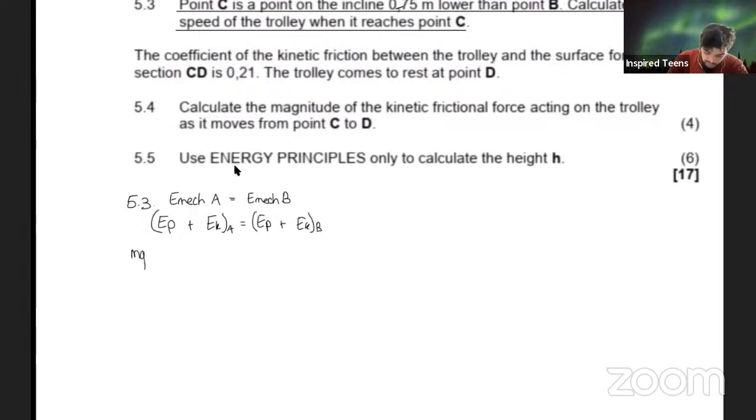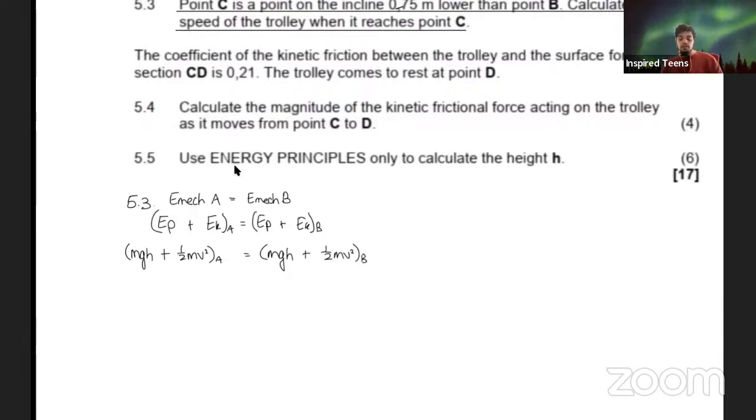We have mgh plus half mv squared at A is equal to mgh plus half mv squared at B.